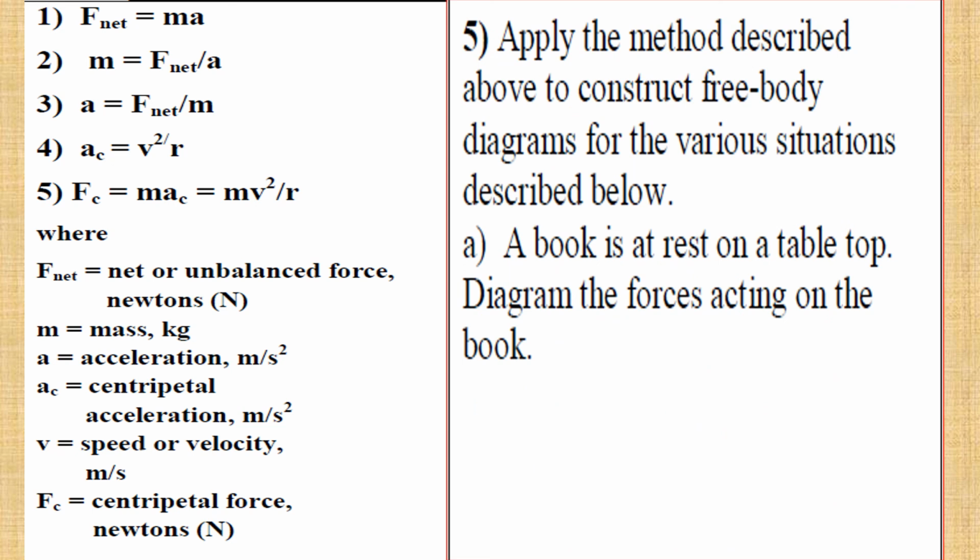Apply the method described above to construct free body diagrams for the various situations described below. Letter A. A book is at rest on a tabletop. Diagram the forces acting on the book. So, let us sketch the table and the book.